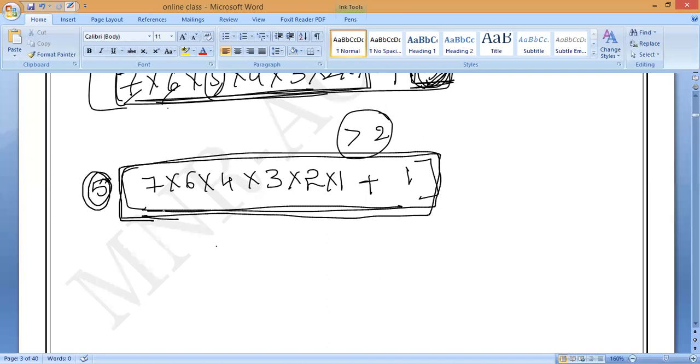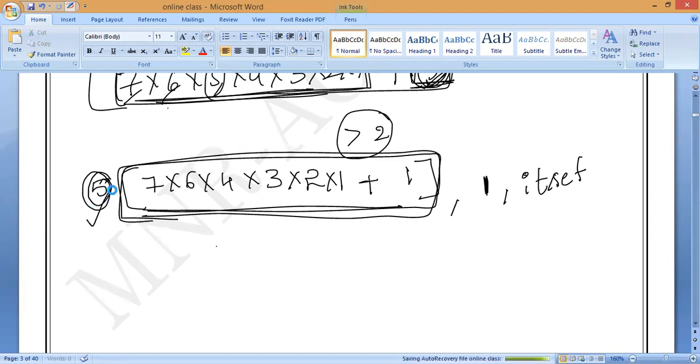Please respond. Yes, ma'am. Every number has one and itself as factors. Total how many factors? Here we get more than 2 factors, correct?